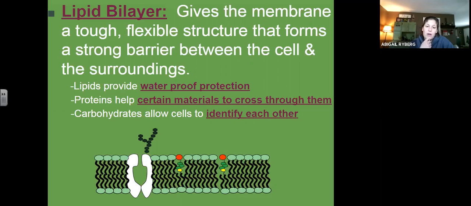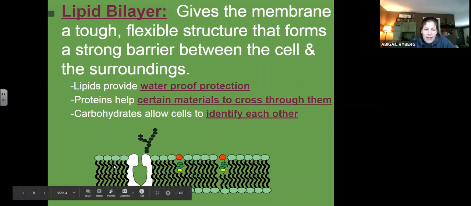And then there are carbohydrates, and the carbohydrates allow cells to identify each other. I kind of think of the proteins as the gates, and then the carbohydrates are kind of like the gatekeepers.